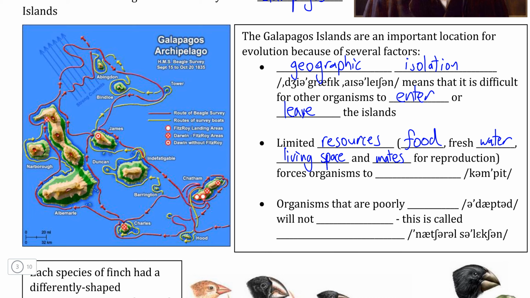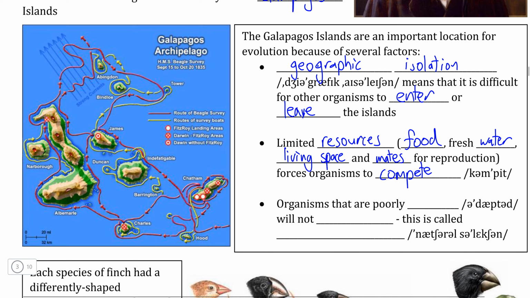Now, what this means is that organisms that are effectively trapped on these islands must compete with each other for limited resources. For example, competing with each other for food, water, and living space simply to be able to survive, and also competing with each other among members of their own population for the limited number of mates for the ability to reproduce.